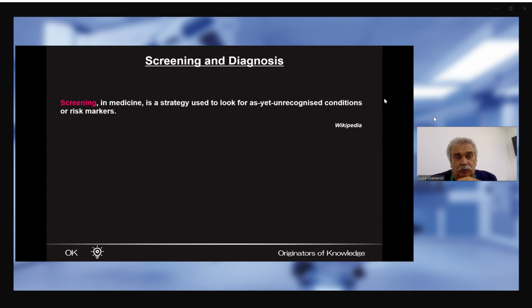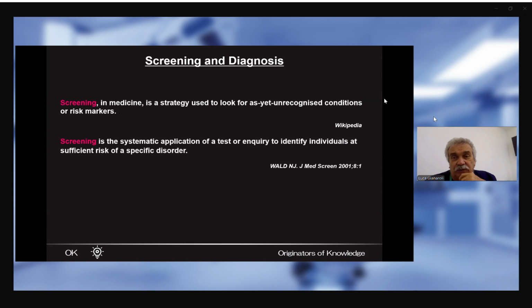So I would like to conclude by saying that we should think about hysteroscopy as a diagnostic tool for screening in reproductive medicine. According to what has been defined as screening, not only in Wikipedia but also by Wald in this paper, it is the systematic application of a test or inquiry to identify individuals at sufficient risk of a specific disorder, like our infertile patients are.